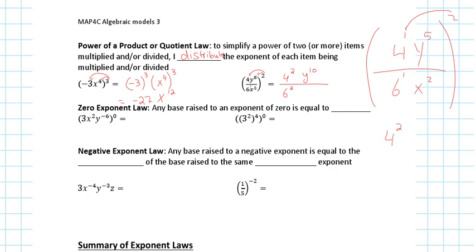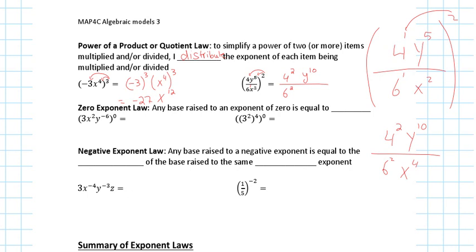Okay? Y, if I multiply 5 times 2, that gives me to the power of 10. Do we see that? And then I'm going to have to do the same thing to the denominator. 2 times 1. So that's going to be 6 to the power of 2. And then x to the power of 4, multiplying 2 times 2.